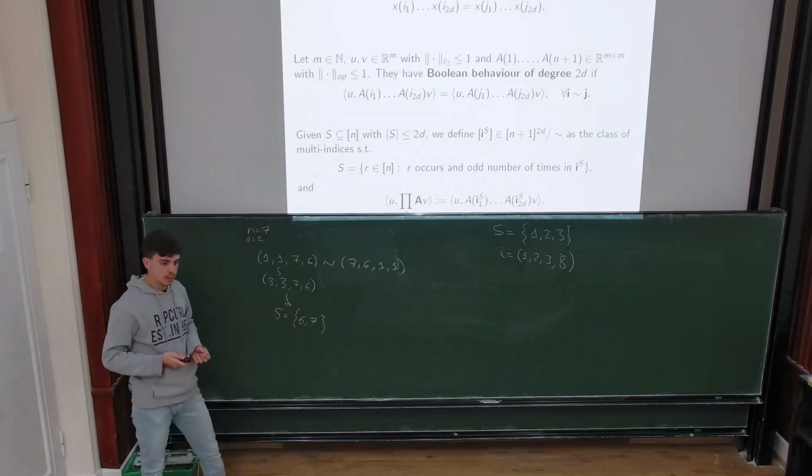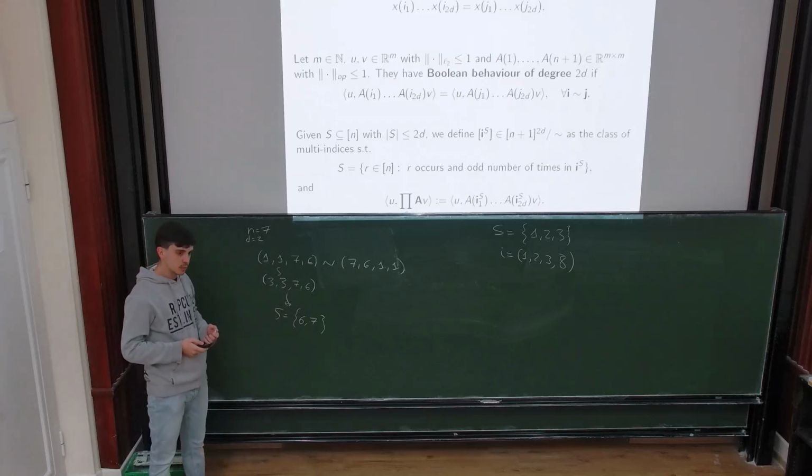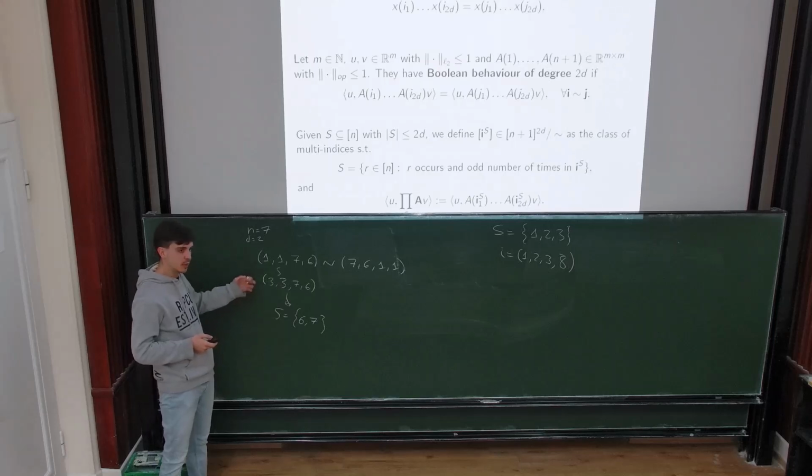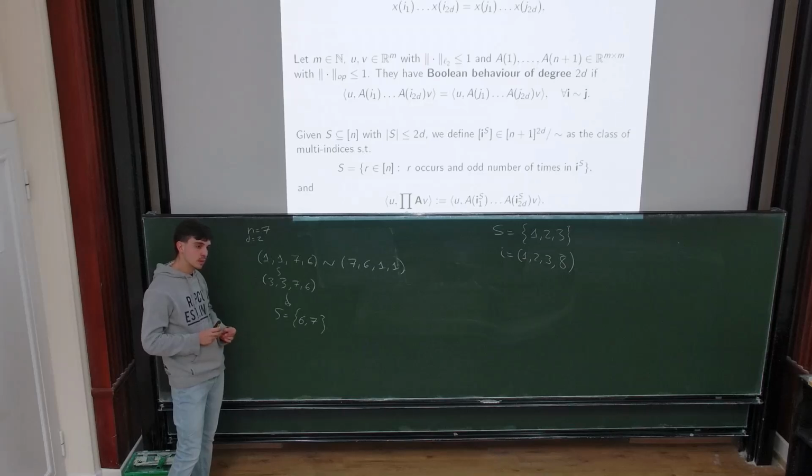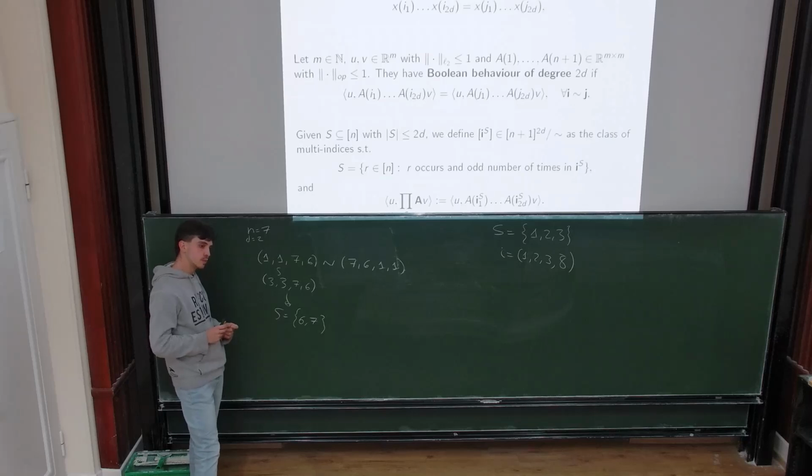So you mean that these guys are all in the same class, right? Yes. So for every element of the class of vectors here, the corresponding set is this. So in other words, for every I, you take out the indices that appear an even number of times, and this will form the set S. And then you use this set S to indicate all these I's that share the same S. Yes.